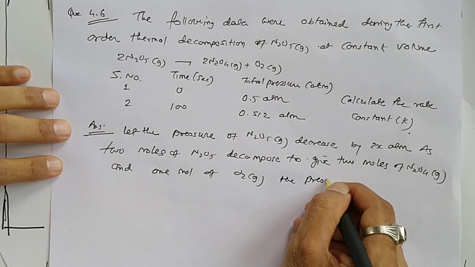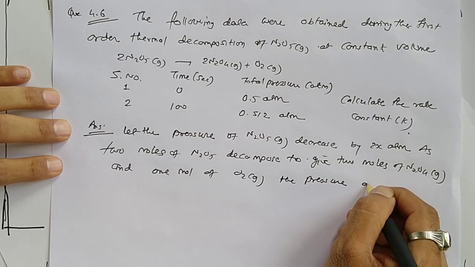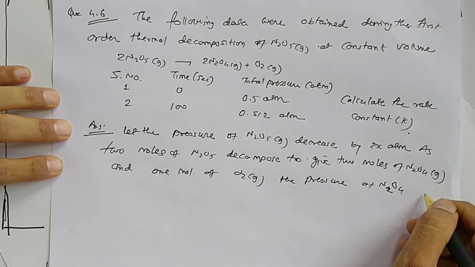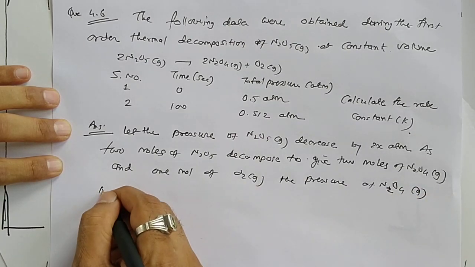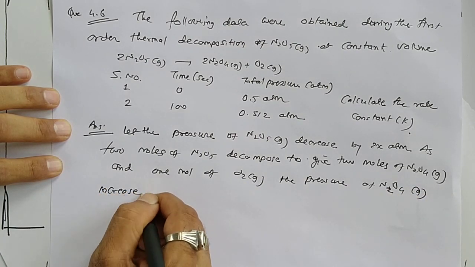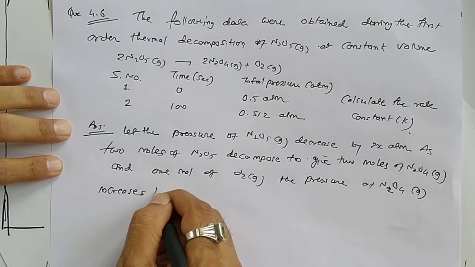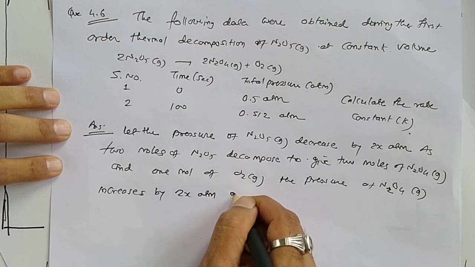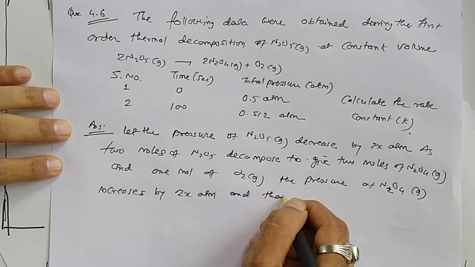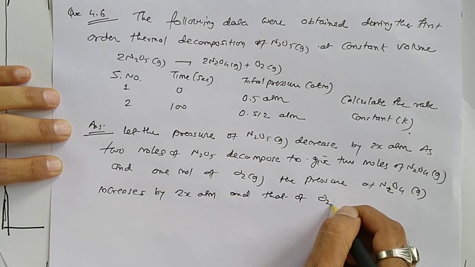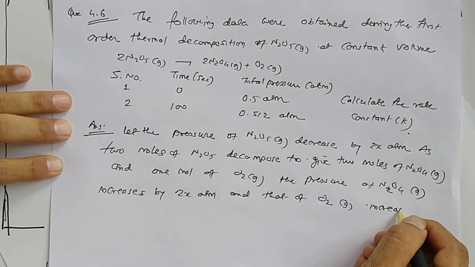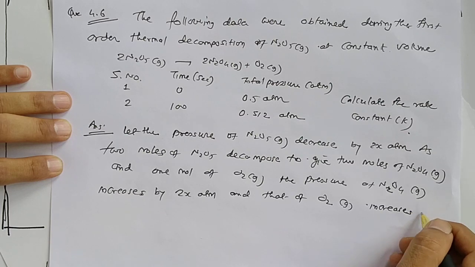The pressure of N2O4 gas increases by 2x atm, and that of O2 gas increases by x.